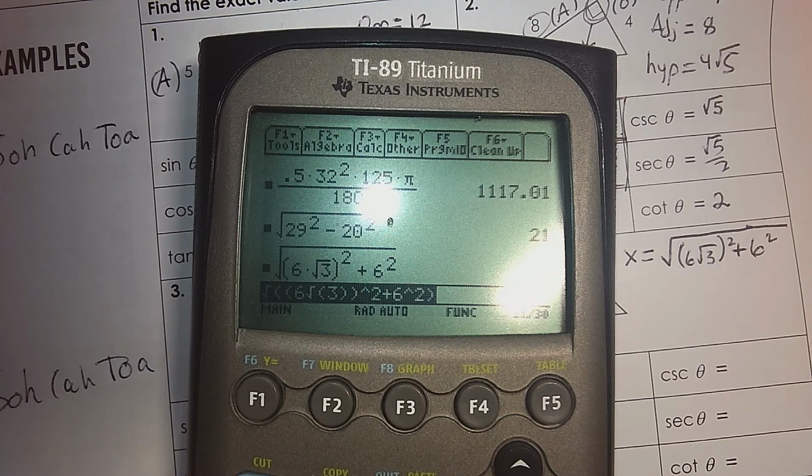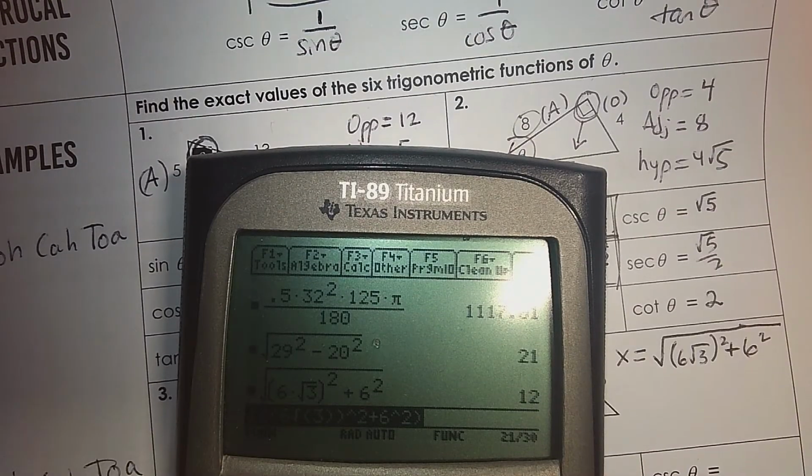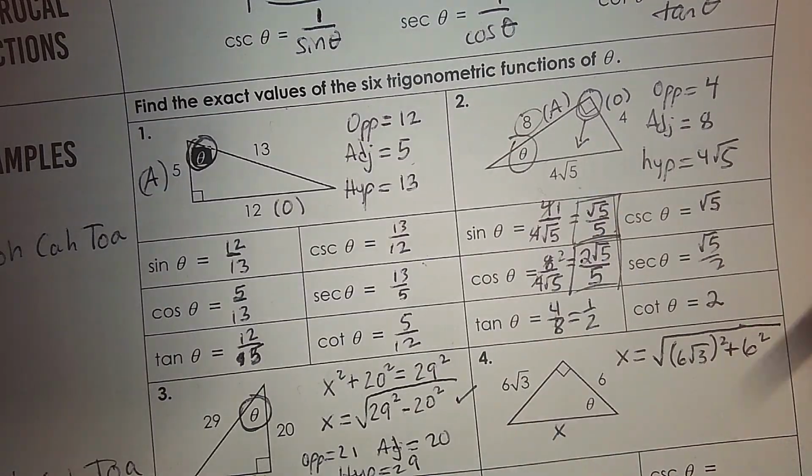You can't do it your own way. You can't do it the way I know what I mean. The calculator should understand what I mean. So whatever, you have to type it in correctly for it to get the right answer. So it needs those parentheses to be typed in correctly. So the missing side is? The missing side is 12.